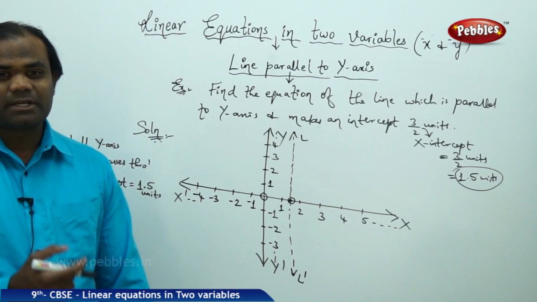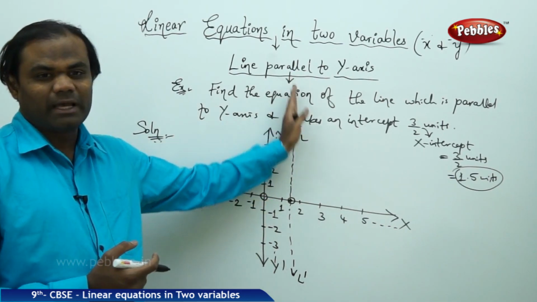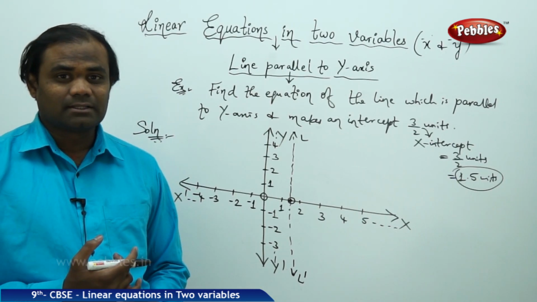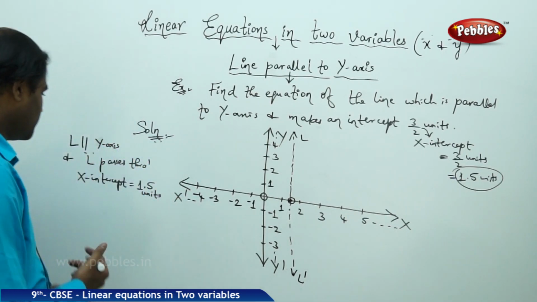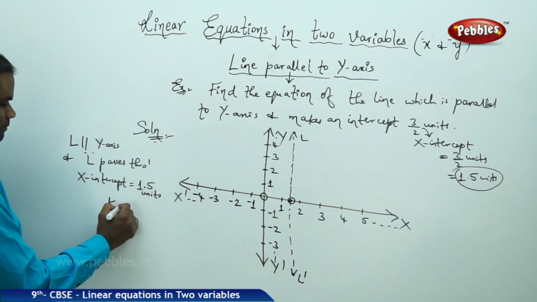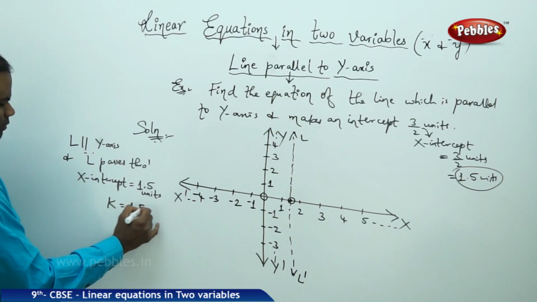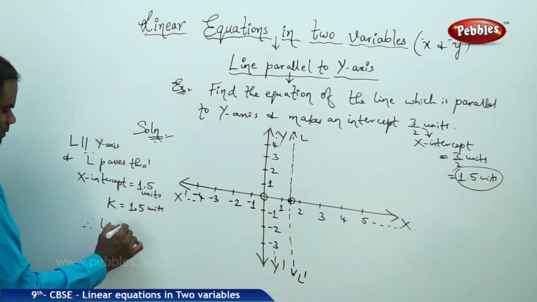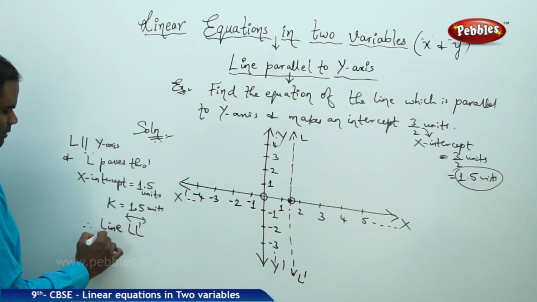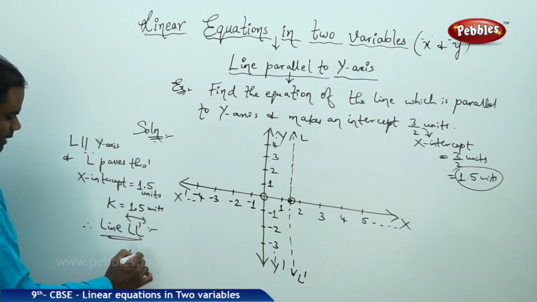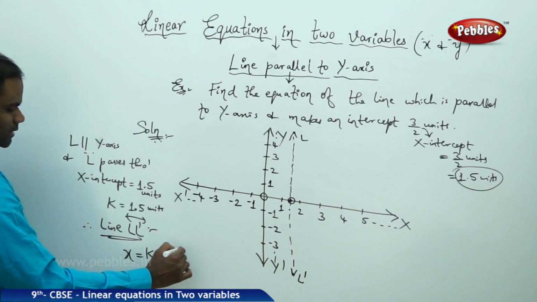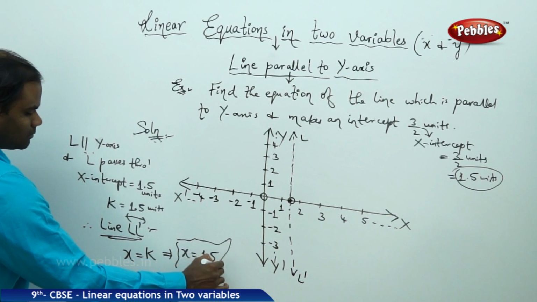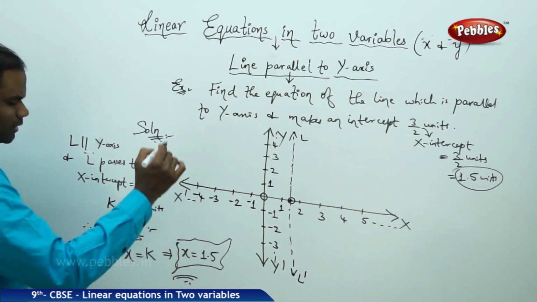As we have seen in the previous session, any line parallel to y-axis and passing through k units being the x-intercept is x equal to k, and therefore my x-intercept, which is k, is identified to be 1.5 units, and therefore line L dash is given by x equal to k, that implies x equals 1.5.